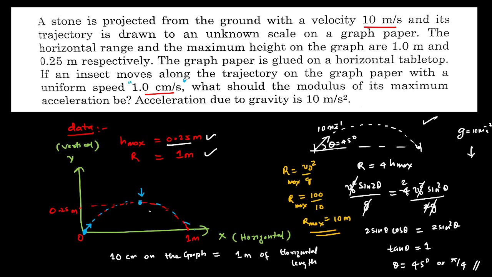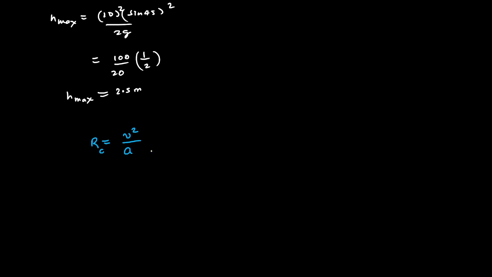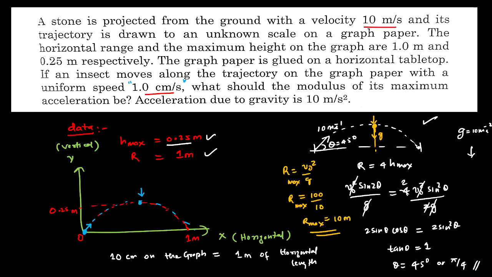So let's first find out the radius of curvature in the normal, real-life situation at this point. At the topmost point, the radius can be easily found. We know that g acts downwards. Suppose you are throwing a projectile at an angle theta of 45 degrees.